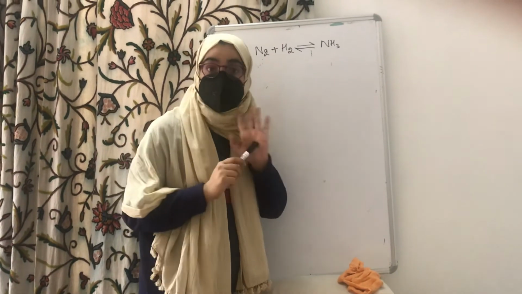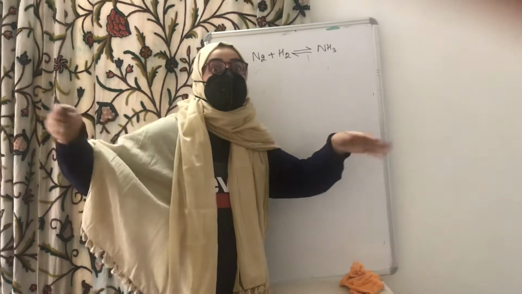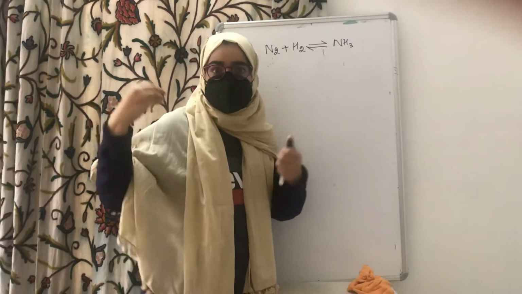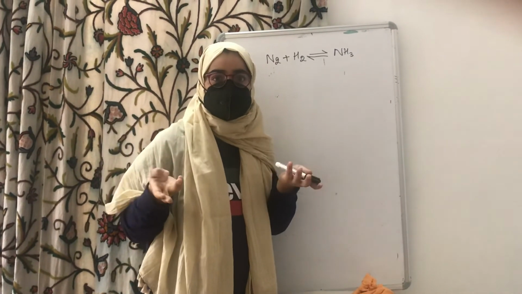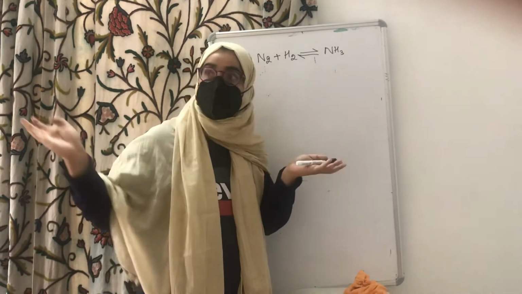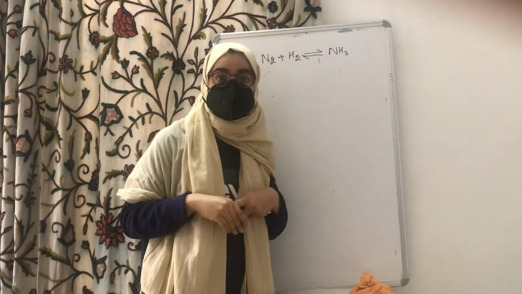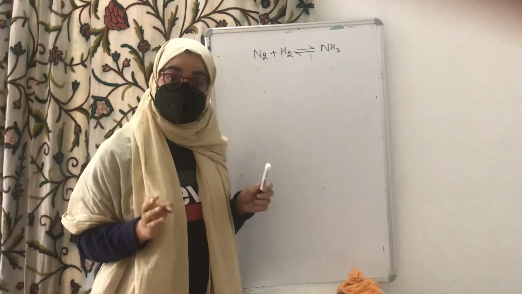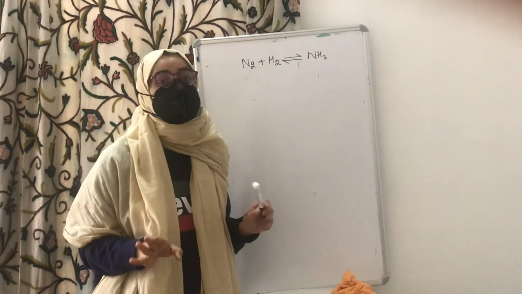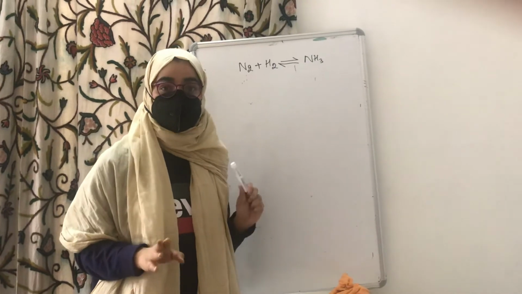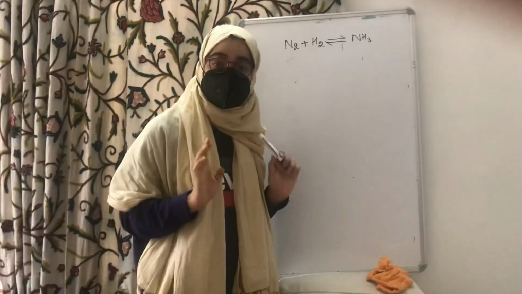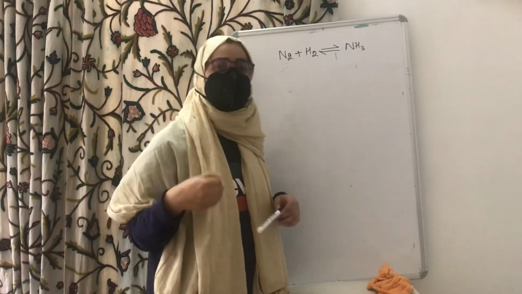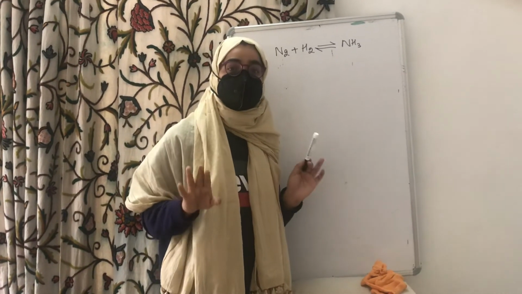I already told you surroundings means the whole universe. Whenever some energy goes into the surroundings, can you go to the surroundings and get that energy back? No. Practically, it's not possible. So ideally, no process is thermodynamically reversible. But for the sake of study, we do say thermodynamically reversible and irreversible.